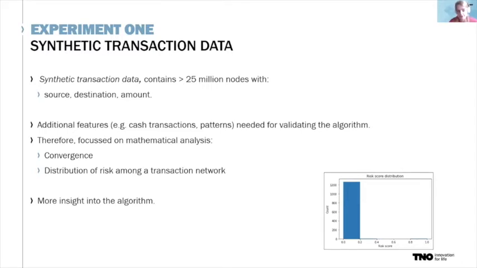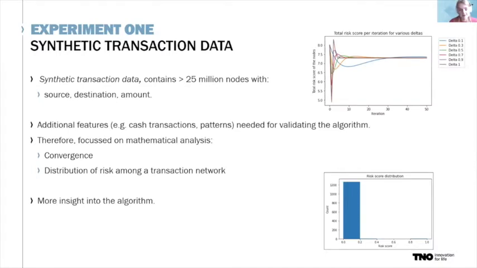So that's why we also looked at the other data set. And we mainly focused on mathematical analysis, such as convergence and distribution of the risk amongst a transaction network. Unfortunately, I don't really have time to talk about that now, but here are some nice pictures. It definitely gave us some more insight into the algorithm that we came up with.